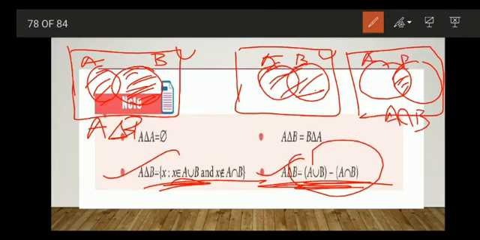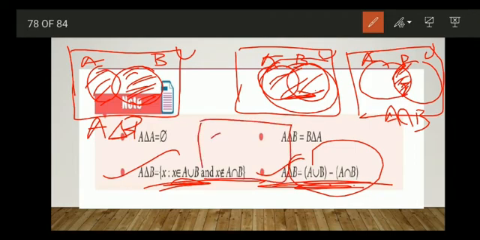Okay, so A union B, difference A intersection B. Elements should be in this thing, but this one should not contain these elements, right? That is what difference means. So A union B, difference A intersection B will be, this portion should not be shaded.